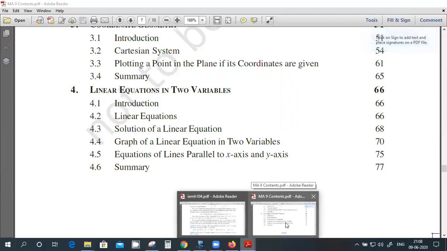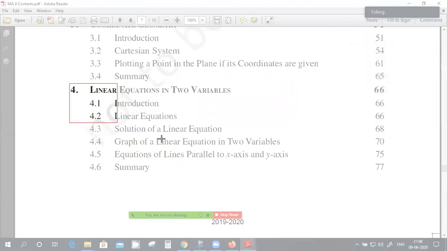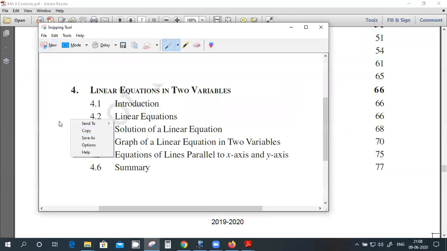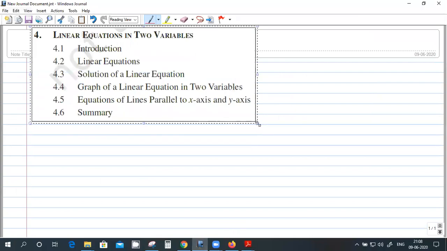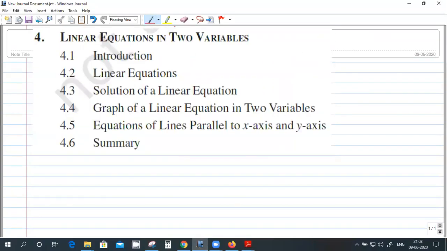Linear equation is the equation in which the degree is 1. Degree of the variable, right? Yeah, degree of the variable is 1. Can you give an example of a linear equation? 2x plus 3y is 10.